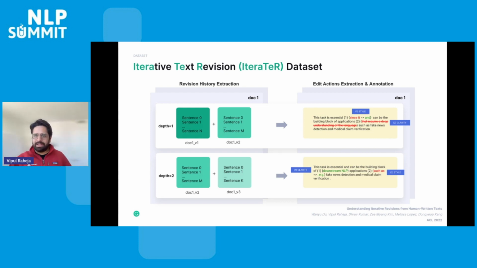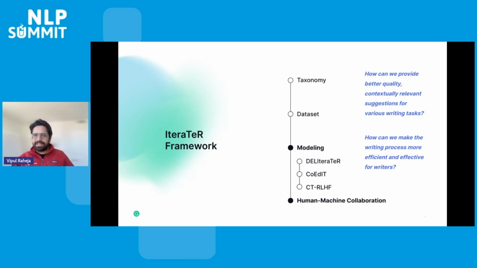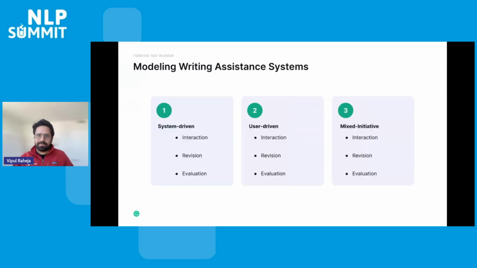So again, in the interest of time and for the focus of this talk, I'll refer you to the paper for the details of how we collected this large-scale data set, which gave us a foundation to understand the process and build our system on top of it. So in the next section, I will cover the various modeling approaches we explored to model the process using the taxonomy we proposed and the data set we collected. And this will simultaneously address the next two research questions.